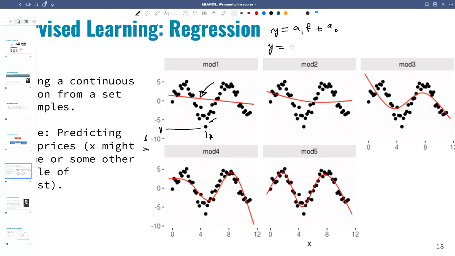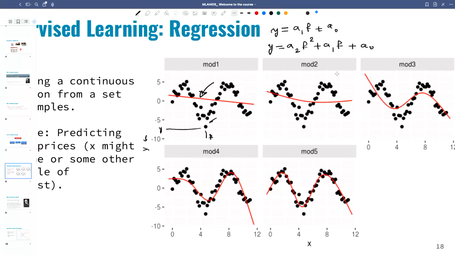Yes, absolutely. So we have a2 f powered 2 plus a1 powered 1 plus a0. How many parameters therefore? 3. a2, a1, a0. So for the third model, how many parameters? You can by now guess. 4.